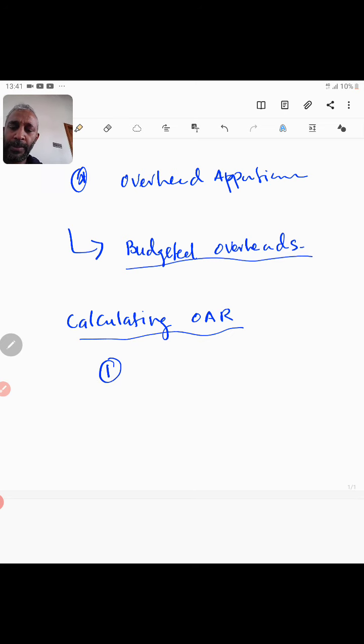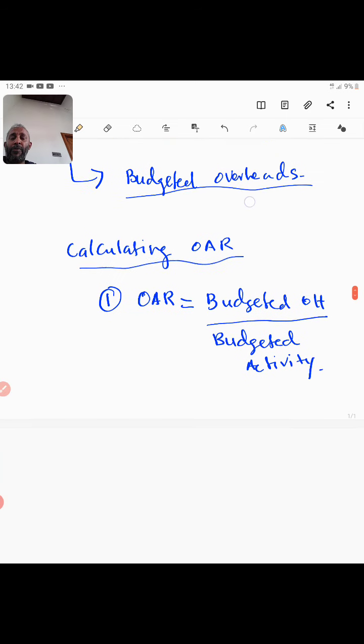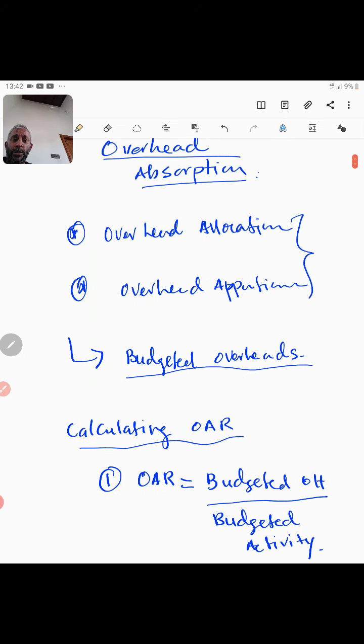Step 1, we have to use the equation to calculate overhead absorption rate, which is equal to budgeted overheads divided by budgeted activity. Now the budgeted overhead is the answer that we will be arriving at after completing these two stages.